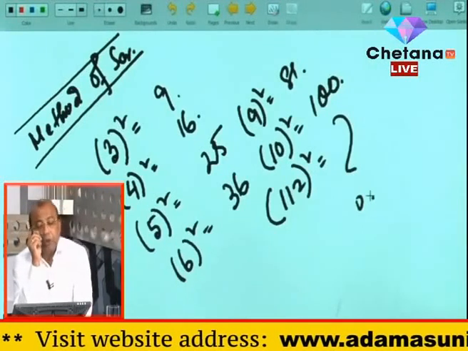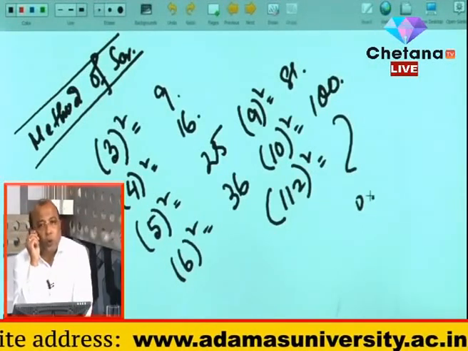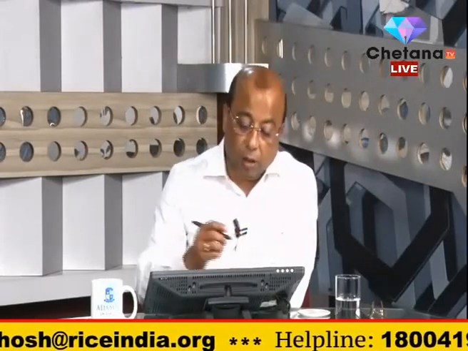We are not in a position to solve 112 square within a short time. So this method will help you to solve this problem within 3 to 4 seconds, right? So we will start step 1 of the method of square.